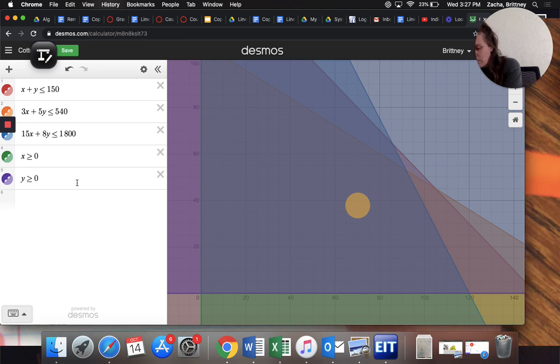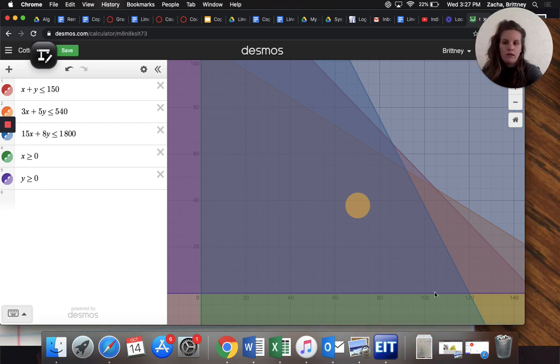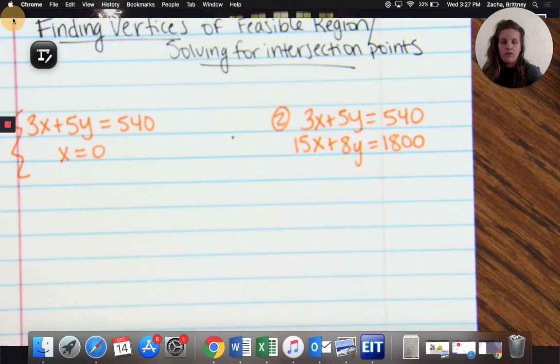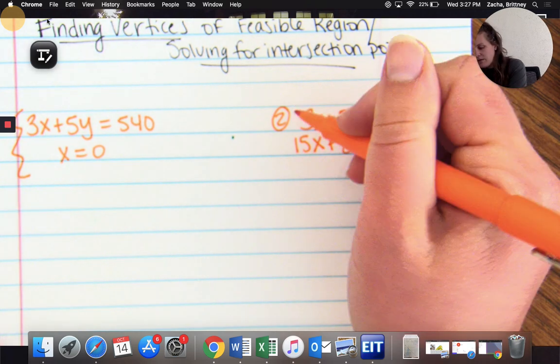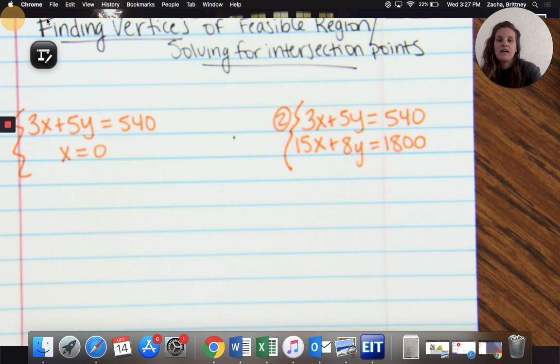And then the blue line is 15x plus 8y equals 1800. Let me let you see that, just to make sure you wrote all your numbers right. So that is orange intersecting blue, and that represents the second system, or your second vertex.